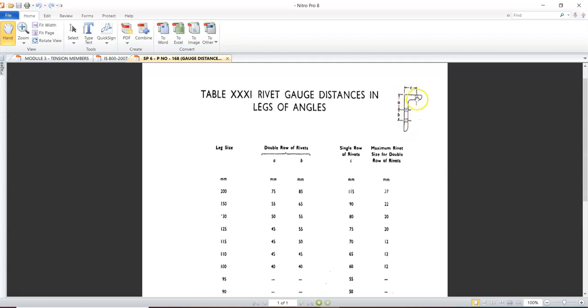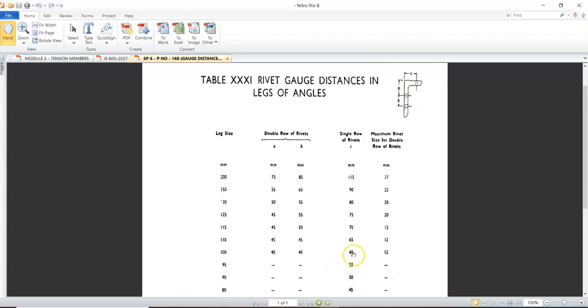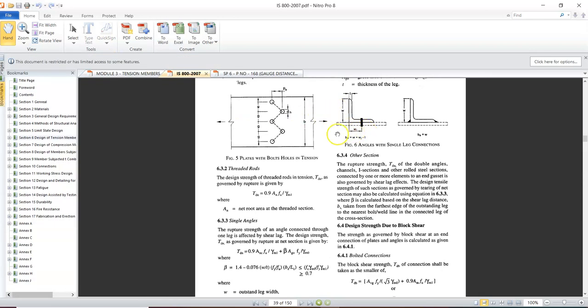Now we are providing only one row of bolt along one leg, so we have to refer to the distance C, that is heel of the angle to the center of the bolt, that is this column C. When you come down the line, for 100 mm, the distance C is 60 mm, that is distance between heel of the angle to the center of the bolt. So this distance of the Wt, that is nothing but C as per SP6, is 60 mm.